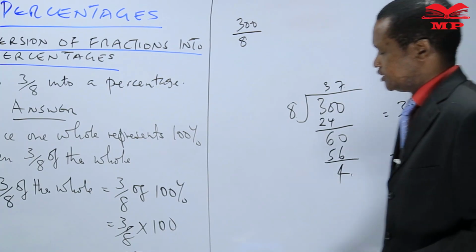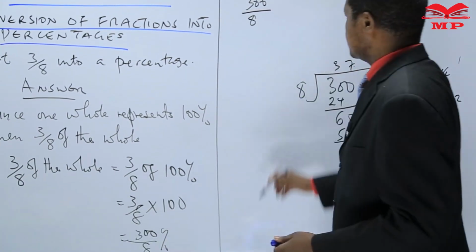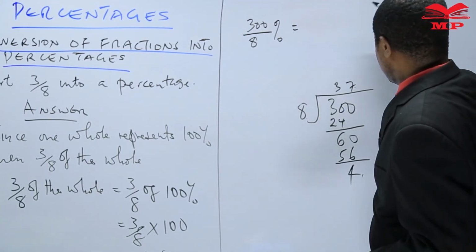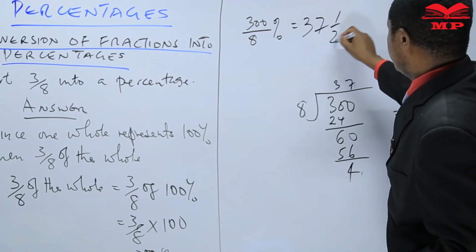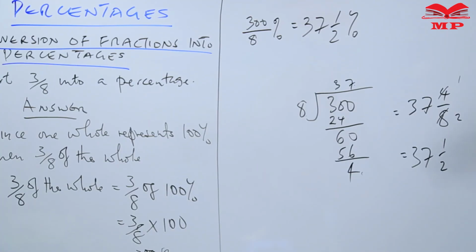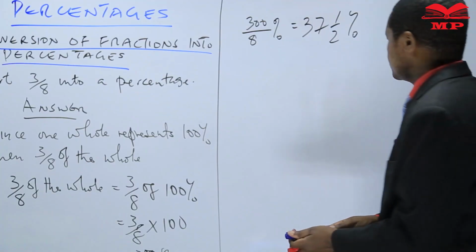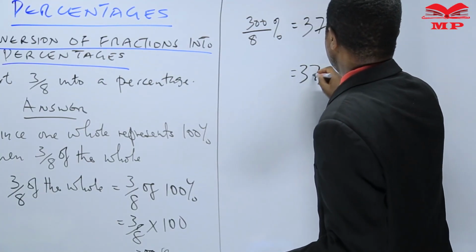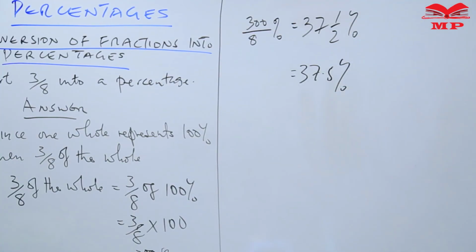So this will be equal to 3 over 8%, which is equal to 300 over 8%, which is equal to 37 and a half %, which can also be written, if you so wish, as 37.5%.